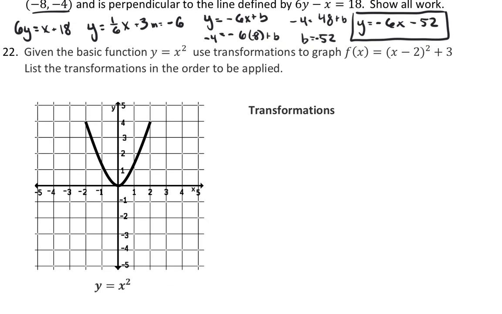All right, given the basic function x squared, use transformations to graph (x minus 2) squared plus 3. So, what are the transformations in the order that they are applied? So, first we are going to start with the inside. So we have an x squared here, and the whole thing now being squared is x minus 2.